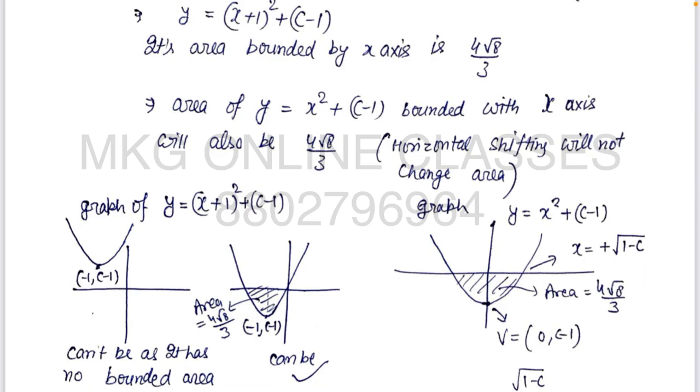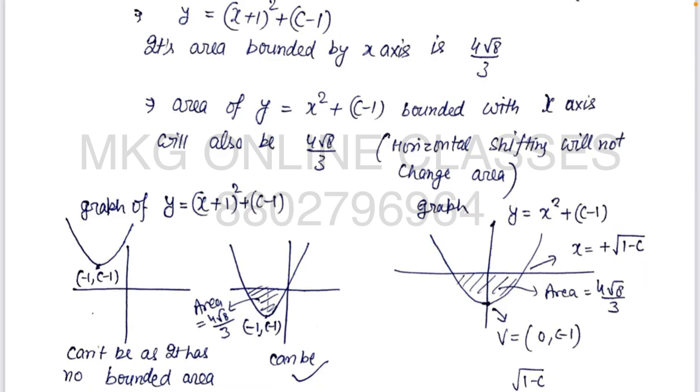But students, if you are going to find the area now, here you will need the roots of this, meaning the points where this graph will cut the x-axis, and those are difficult to find. So what we will do is shift this graph to the right side by 1 unit.